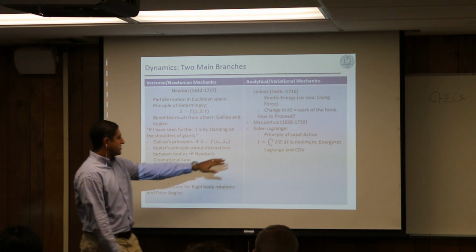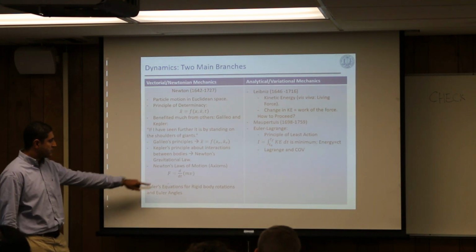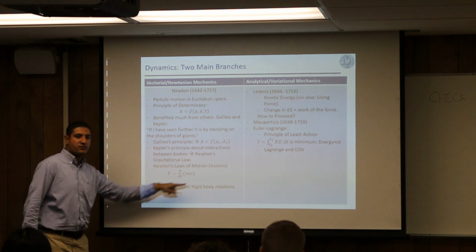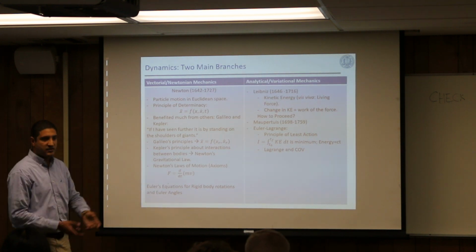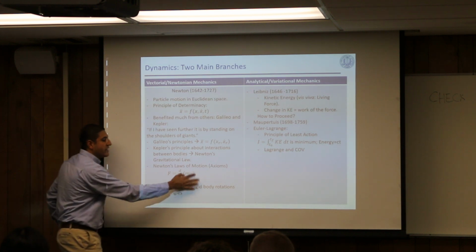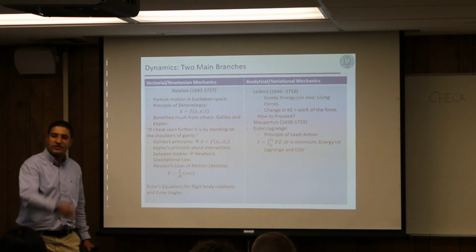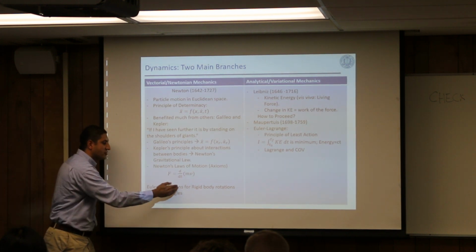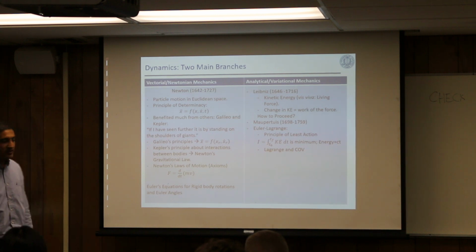So I have to say that also Euler contributed here. He developed a very similar set of equations to F equals ma, for the rotation of a rigid body. Simply, instead of linear momentum, he replaced it with angular momentum, because we're talking about rotation now. And the rate of change of angular momentum would be simply the moment, not the force.